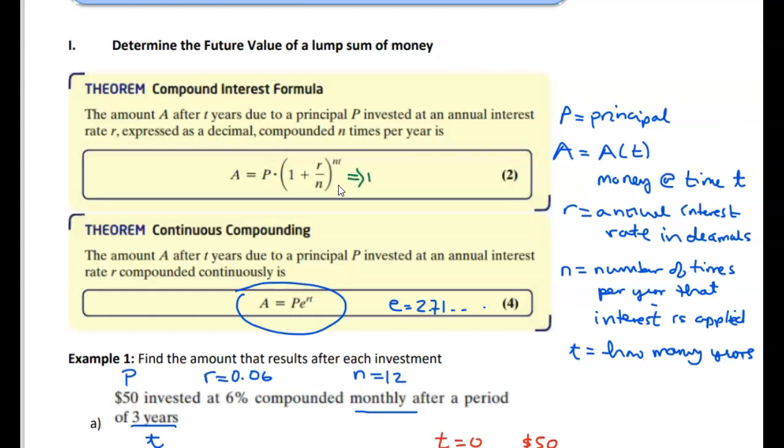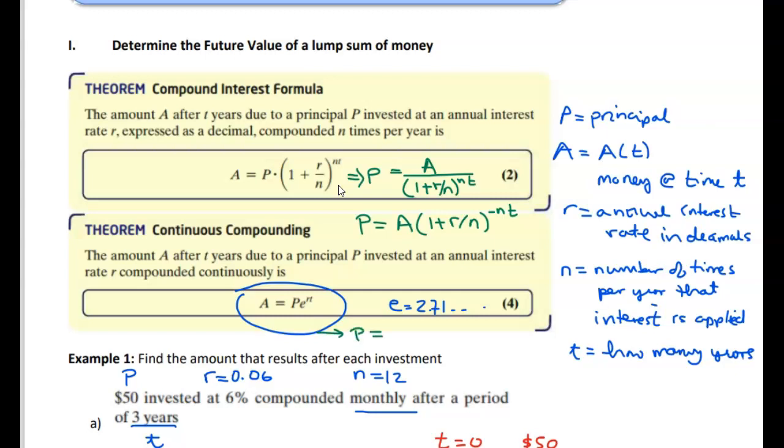So if I solve for P, we get A divided by 1 plus R over N to the NT. And then if I write this as a negative exponent, we get A times 1 plus R over N to the negative NT. So basically you can see that we're solving for what you should have invested to get this amount t years later. And same for here.